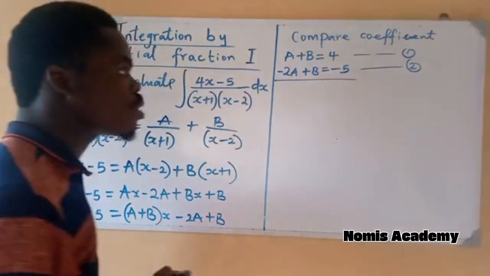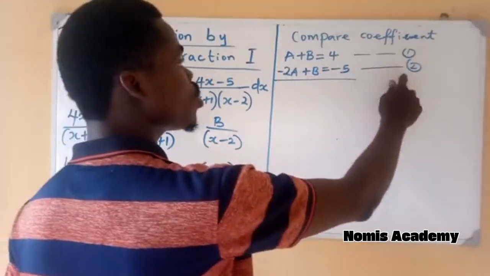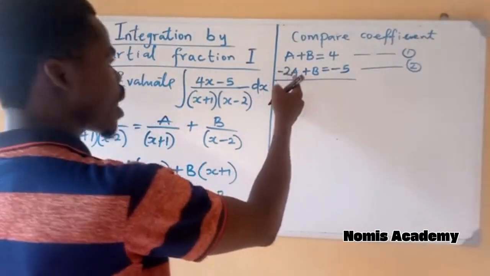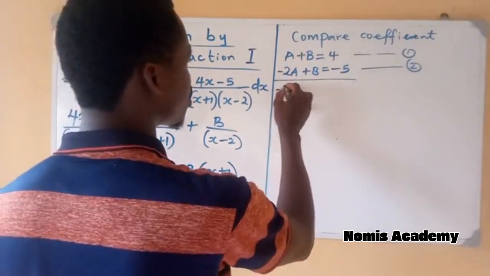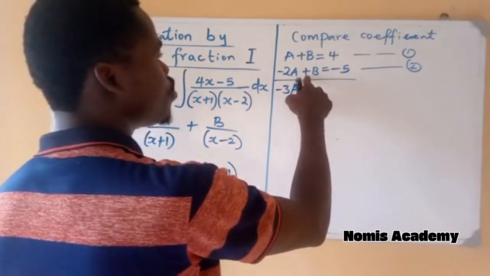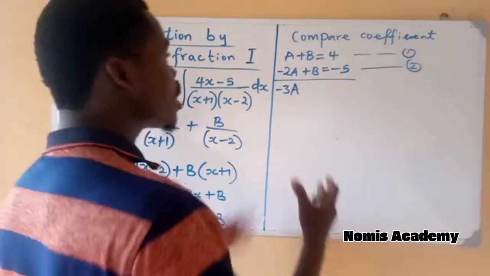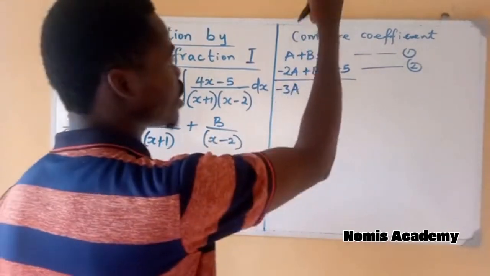We are going to subtract equation 1 from equation 2, meaning equation 2 minus equation 1. So here we have -2A - A, and that will give us -3A. B minus B is 0. The idea is to eliminate B so that we can find A. So B is out.